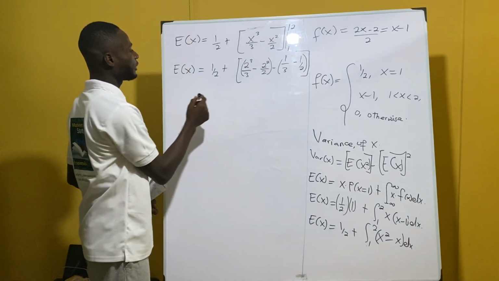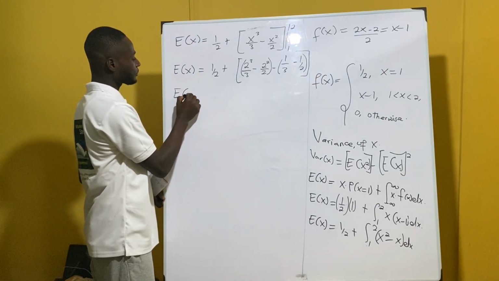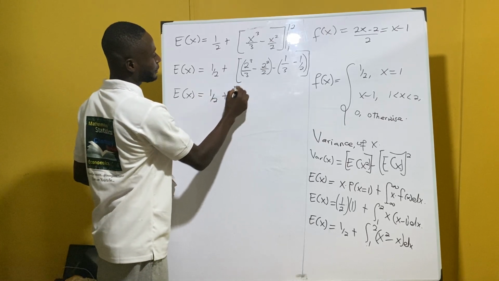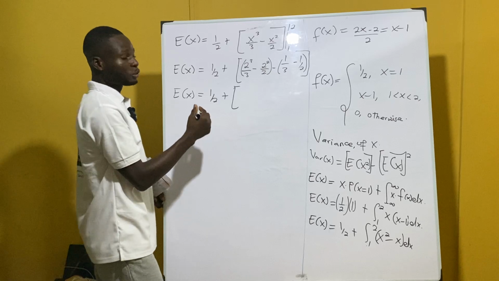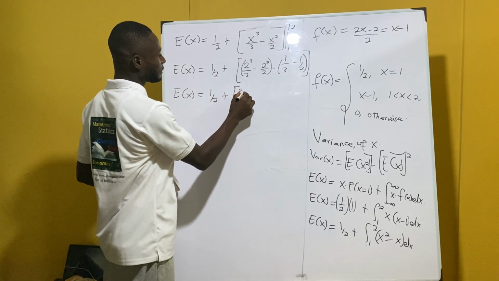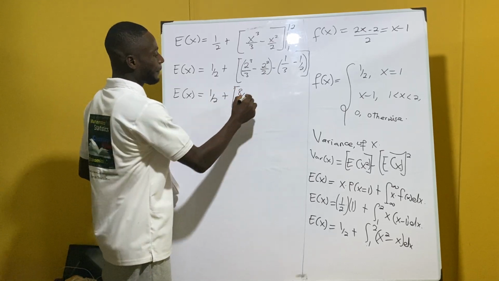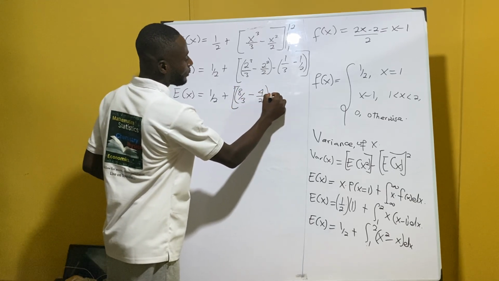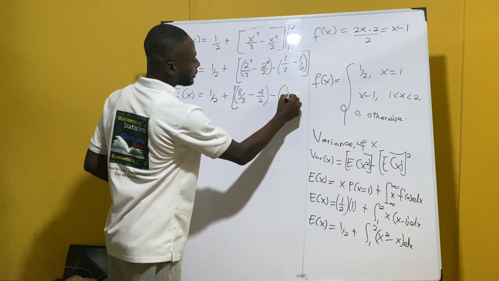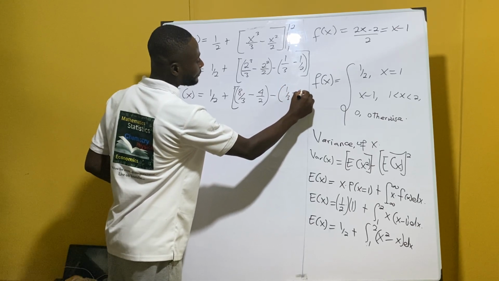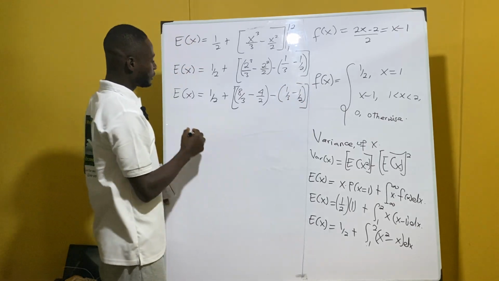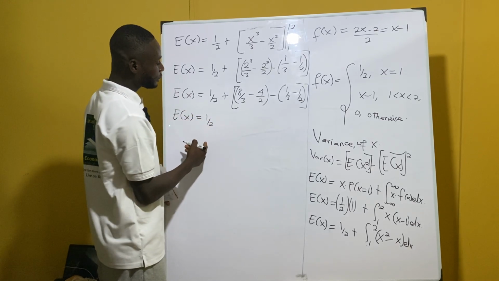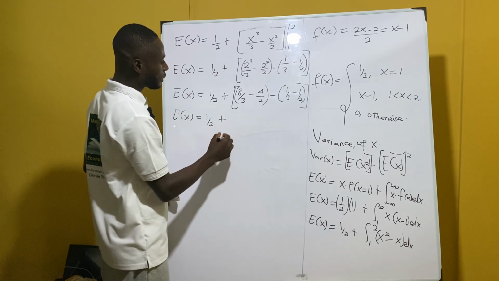That is what we have here. So from here, we have half plus 2 cubed, which is 8 over 3, minus 4 over 2, minus 1 over 3 minus half, right? So we can say that the expectation of x is equal to this.